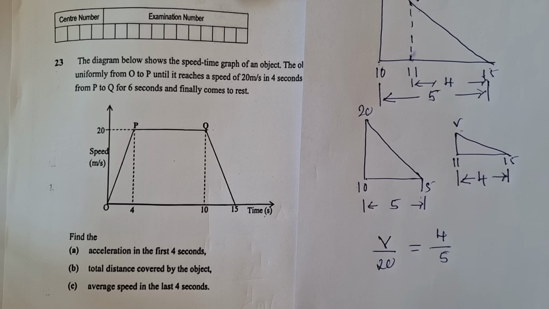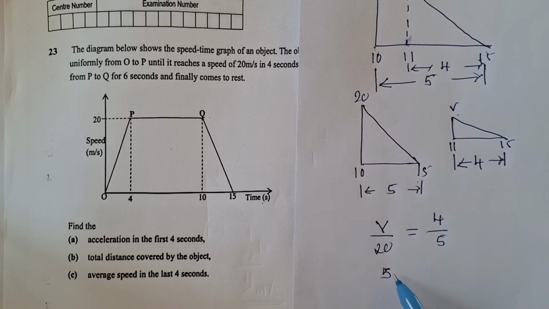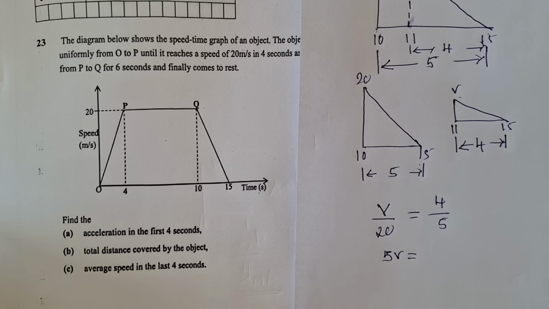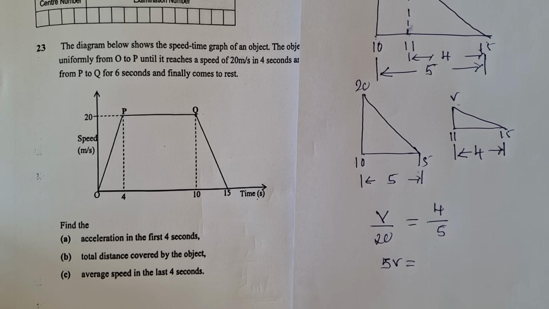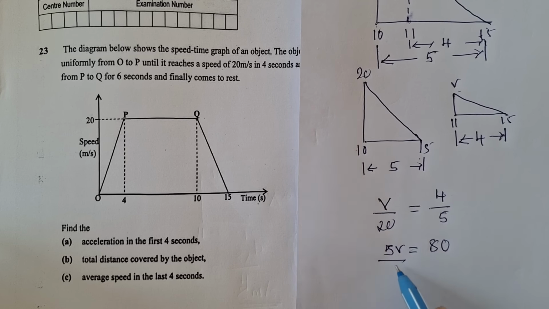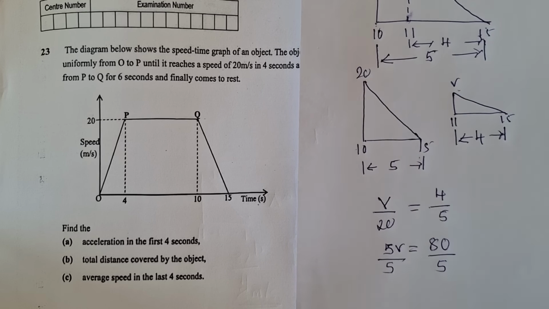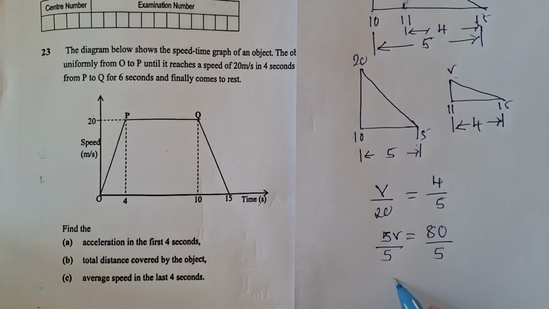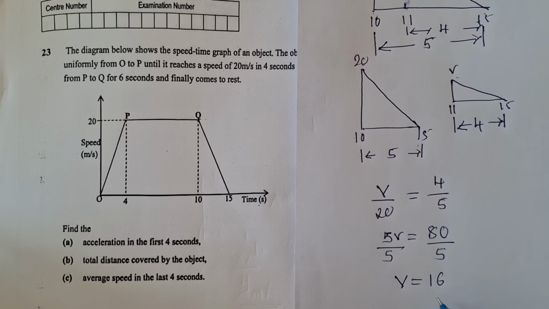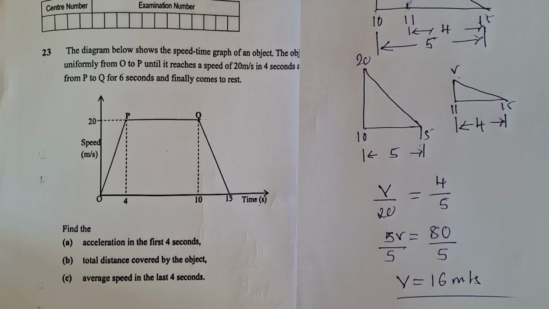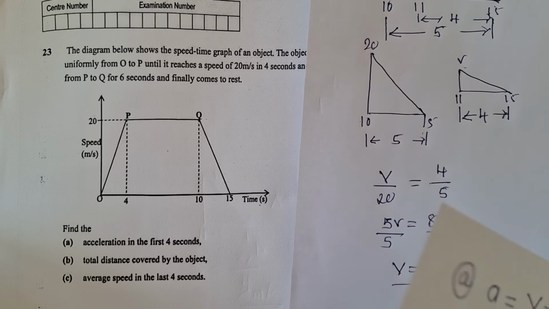So now we can cross multiply. 5V is equal to 4 times 20, which gives 80. Then you divide by 5. When you divide by 5, this gives us the value of V equal to 16 meters per second.